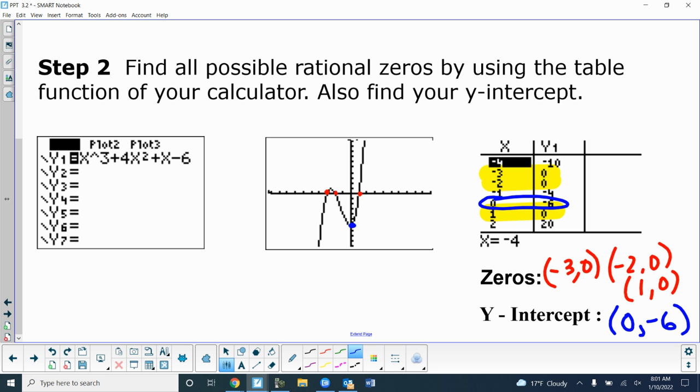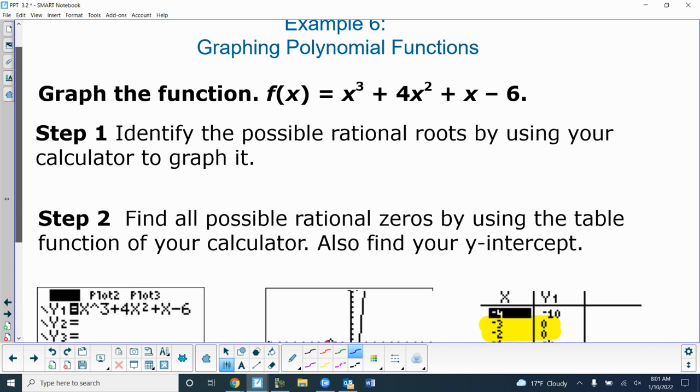But you can always put 0 in place of x. But you guys from past experience should know that the constant is always the y-intercept. Because that means if I put 0 in for x, all those answers are 0, right? So it's always the constant at the end.